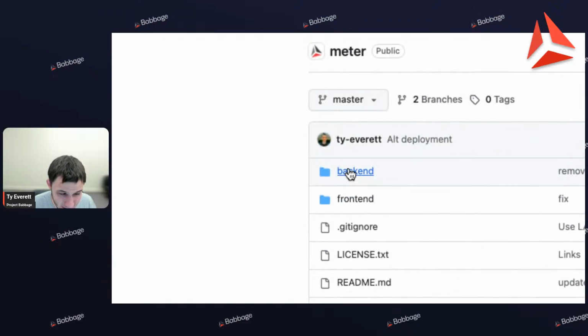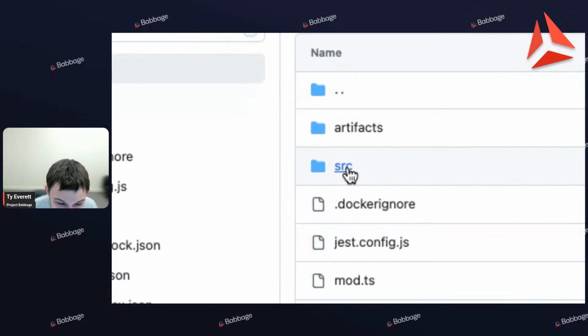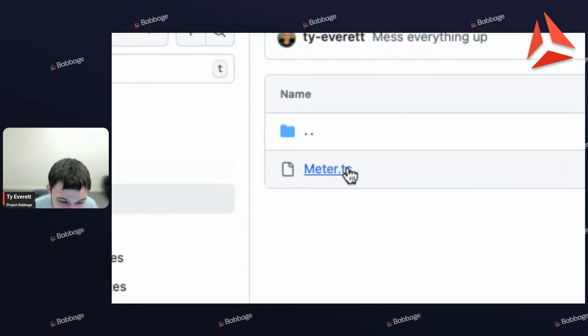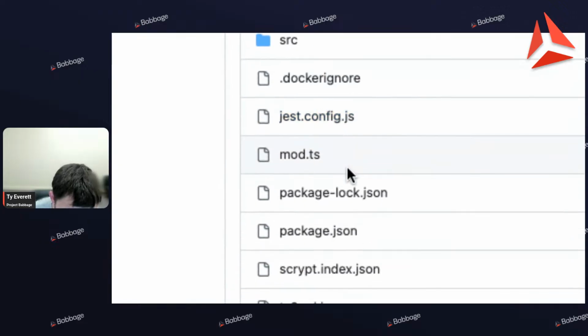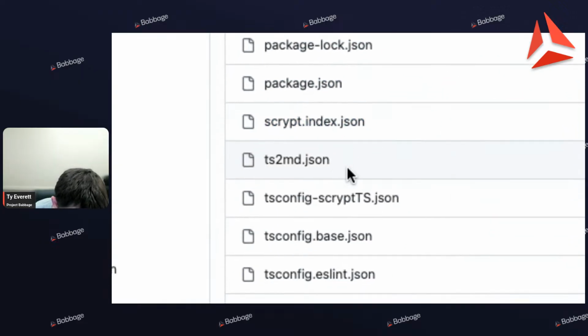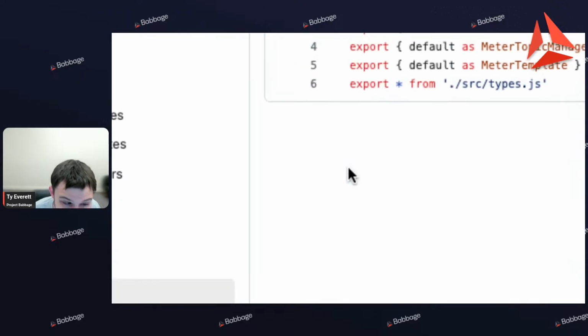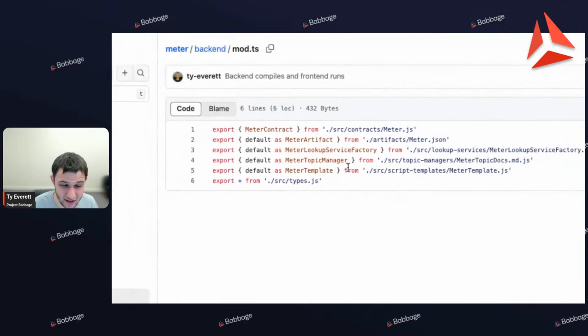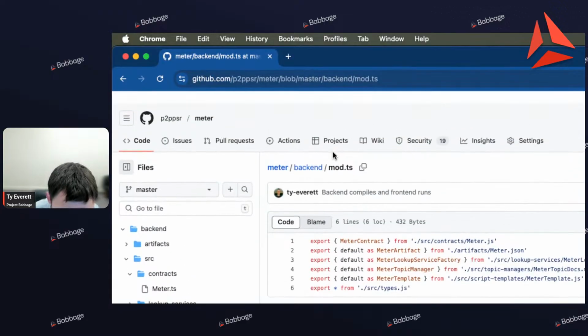What I like about meter is that it incorporates sCrypt contracts into an overlay network. And then it's also got this backend package.json file. So I think what I'm going to do is export some things from mod.ts in this package.json file that I'm going to use for this.